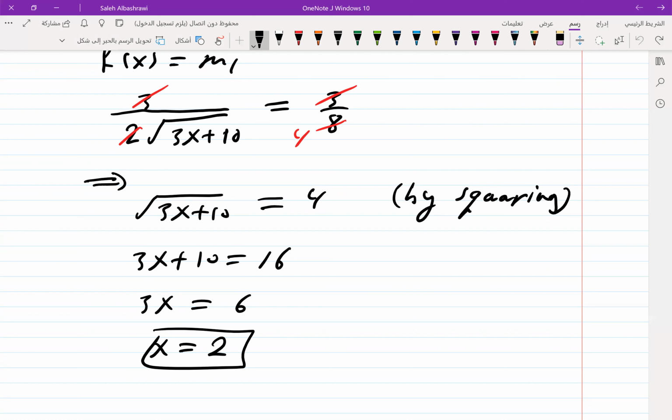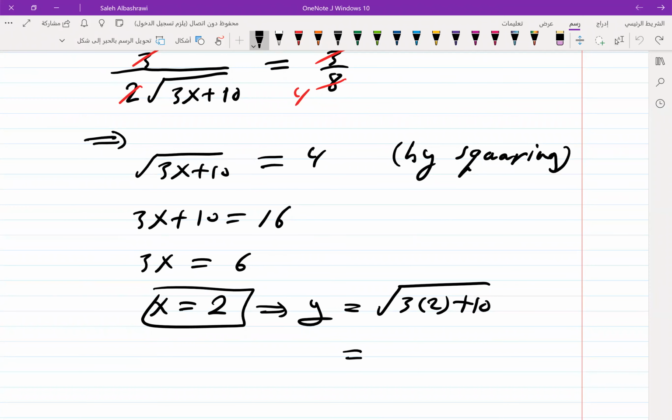To find y, it is square root of 3x plus 10. That will be square root of 16, which will be equal to 4.